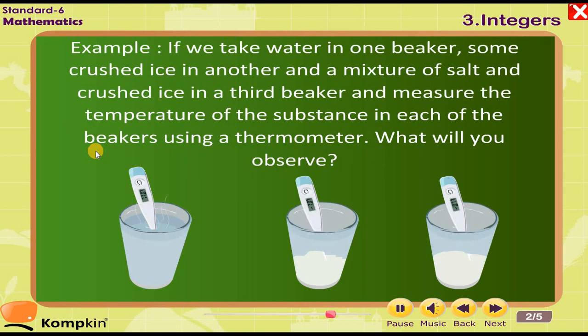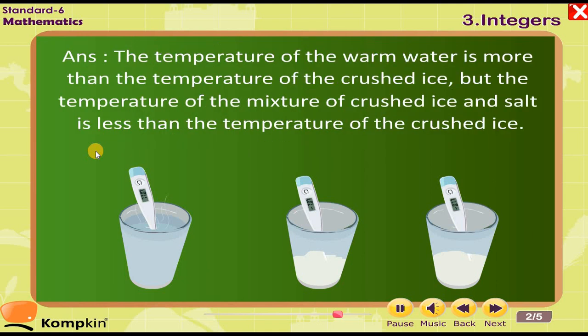Example: if we take water in one beaker, some crushed ice in another, and a mixture of salt and crushed ice in a third beaker, and measure the temperature of the substance in each of the beakers using a thermometer, what will you observe?